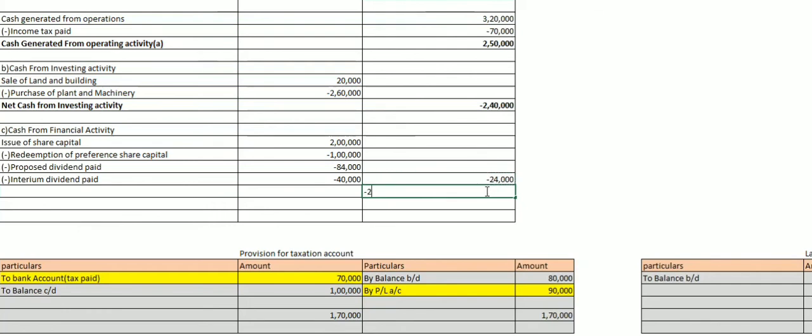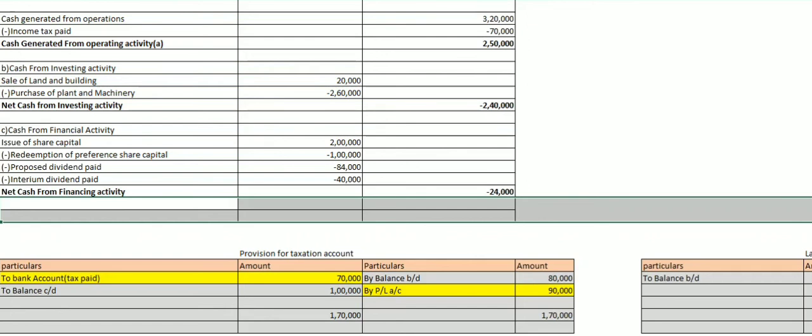So this minus 24,000 is nothing but your net cash from financing activities.